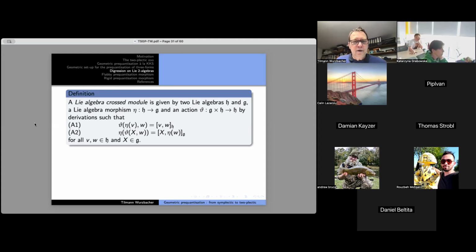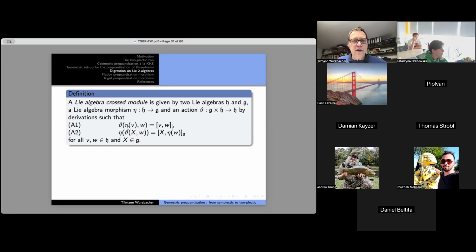So, for example, if you want to write down something with two elements V and W in H, you have a commutator. And how can you get it with these H, eta and theta?